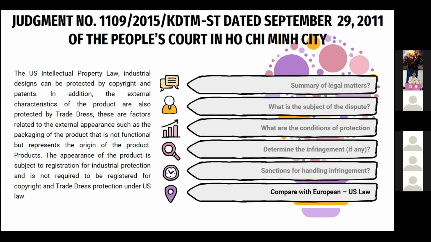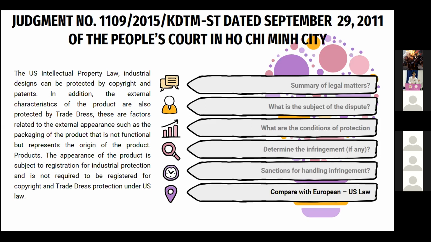In addition, under U.S. intellectual property law, industrial design can be protected by copyright and patents. In addition, the external characteristics of products are also protected by trademarks. There are factors related to the external appearance, such as packaging of the product, that are not functional but represent the origin of the product.